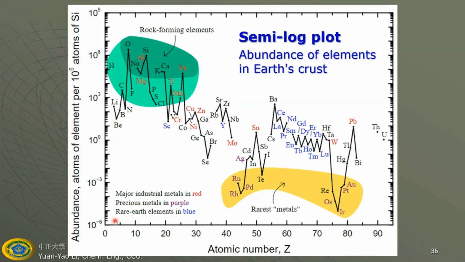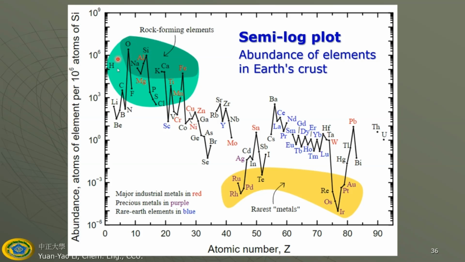This is the atomic number from 1, which is hydrogen, 2, helium, 3 is lithium, 4 is beryllium, then boron, carbon, nitrogen, oxygen, fluorine. So from 1 to 90. And how about this one? This is log scale. This is the abundance of the atoms, where we use silicon as 1, as 10 to the 6 here as a standard.